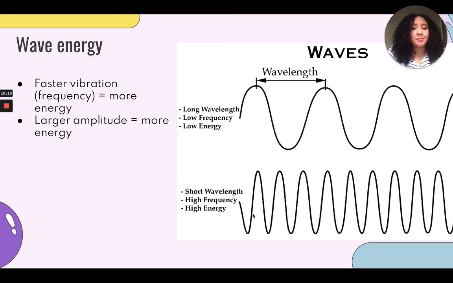If we remember, amplitude is the highest point of a wave. So if there's a larger amplitude, there will be more frequency and more energy. If we see in this one with a lower amplitude, there's not as many wavelengths per time. That would mean there's a lower frequency than this one, which means there's lower energy.